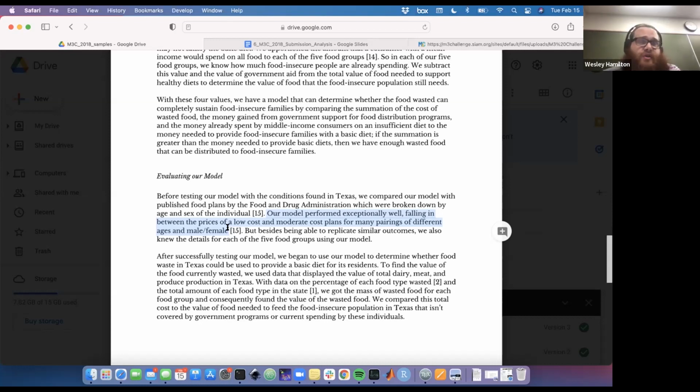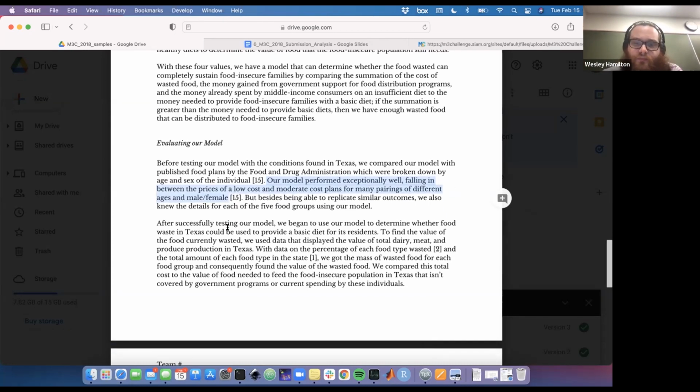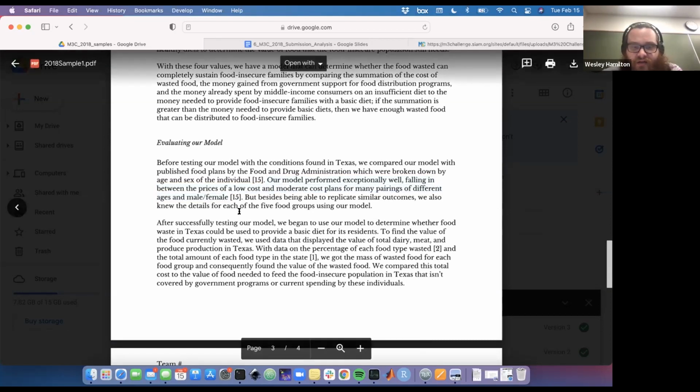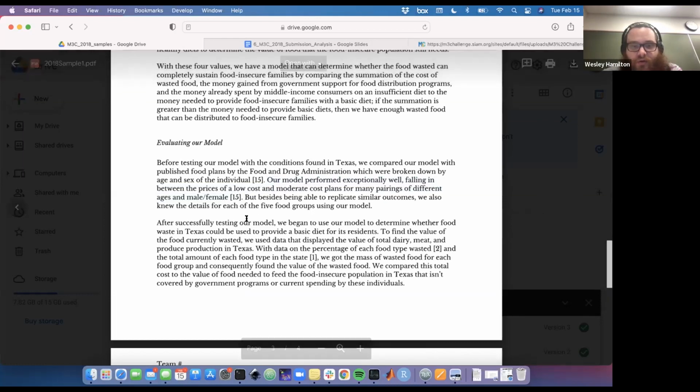Of course, if you're running out of space, they may not be able to, but hey, this is something that they maybe could have included a little more about. Okay, and so then they say, great, they validated it with stuff that's out there. They use their model to determine whether food waste in Texas could be used to provide a basic diet.